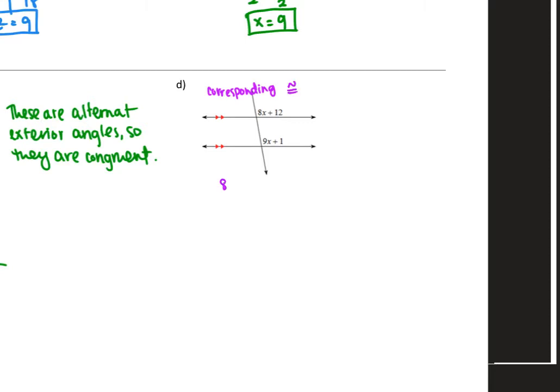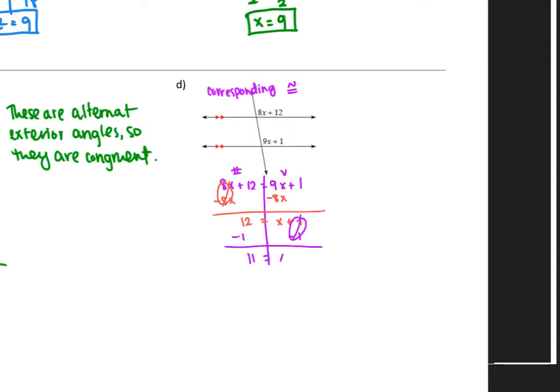So to solve, we're going to set them equal. 8x plus 12 equals 9x plus 1. I'm going to move my variables to the right and my numbers to the left. So first I'm going to start by subtracting 8x. So I have 12 equals x plus 1. And then I'm going to subtract 1 from both sides.